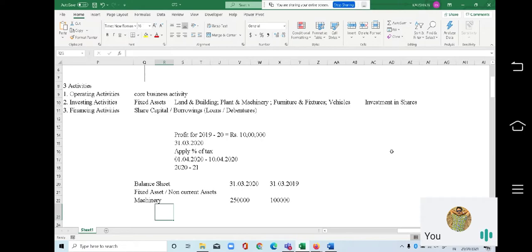This is the information which we have got. With this information we have to prepare the fixed asset account.